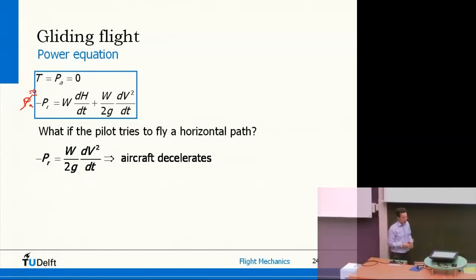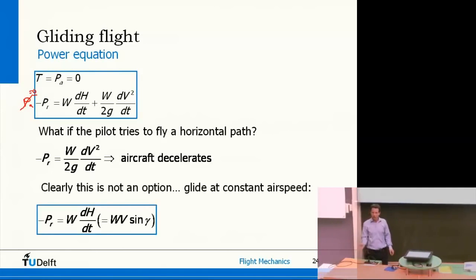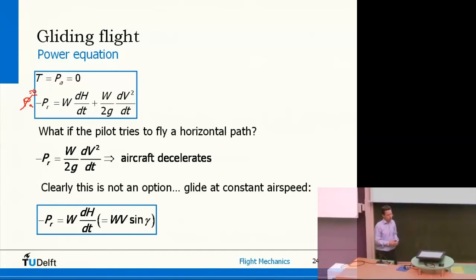So in this scenario of gliding flight, you have to go down, and the best way to do so is at a constant airspeed, because you don't want it continuously to accelerate or decelerate. So we're going to consider the scenario where the pilot makes sure that airspeed is constant.